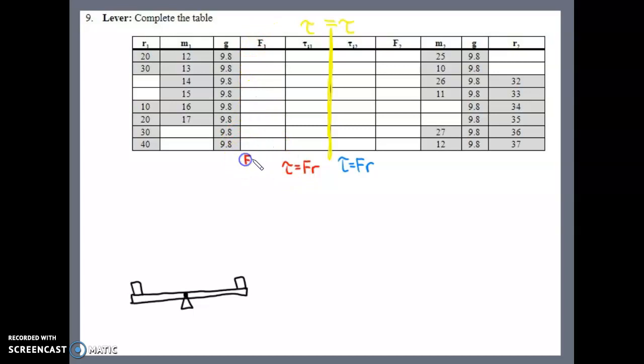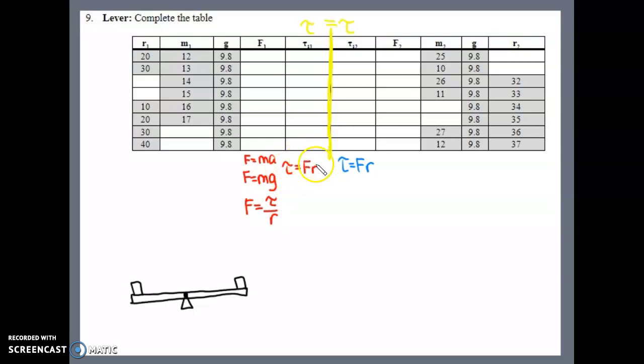Well, one of the ways is force is mass times acceleration. A specific form of that is mass times acceleration due to gravity, which we label as g. And just while we're at it, another way I can solve for force is force equals torque divided by the radius.